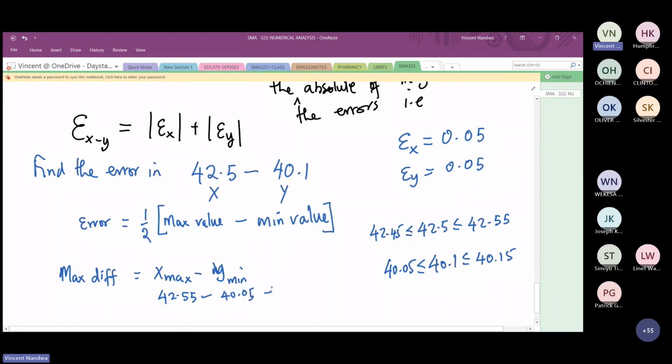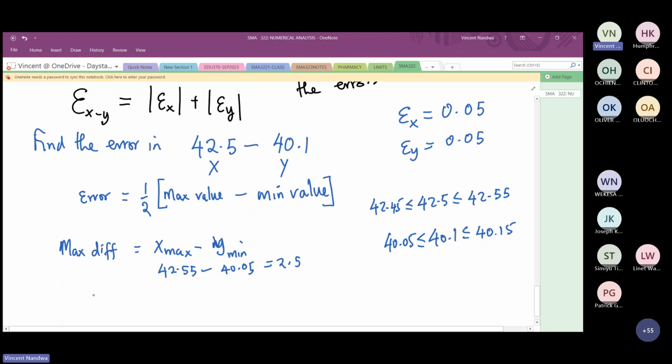So the answer is 2.5. Okay. Then now, how do we get the minimum difference?